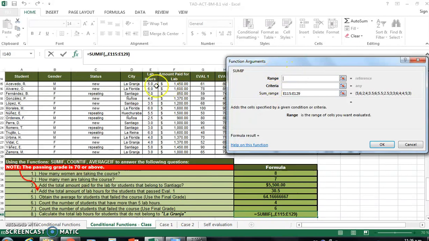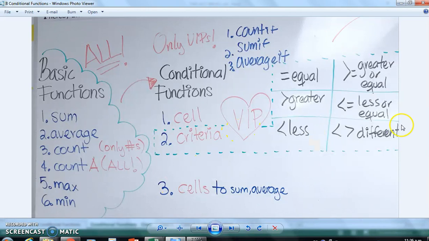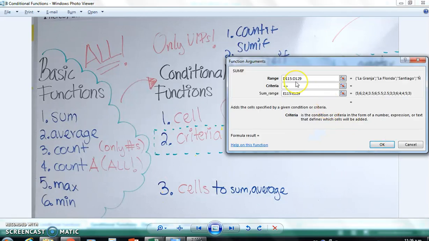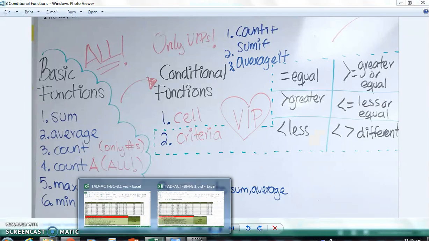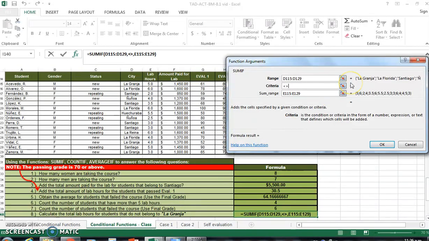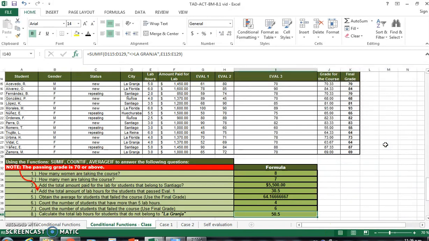So the cells containing the city are in column D. And the criteria for not belonging to La Granja is less than, greater than, because this means different. Remember the symbol? Different from La Granja. Here we have it. And then OK. And that's it.